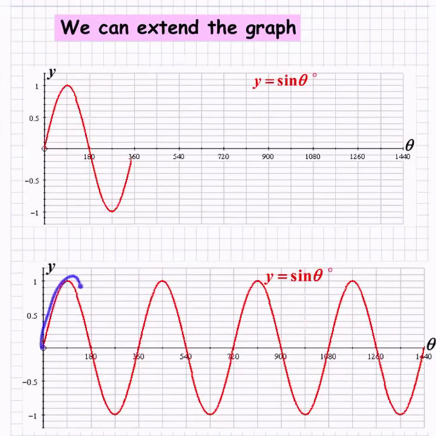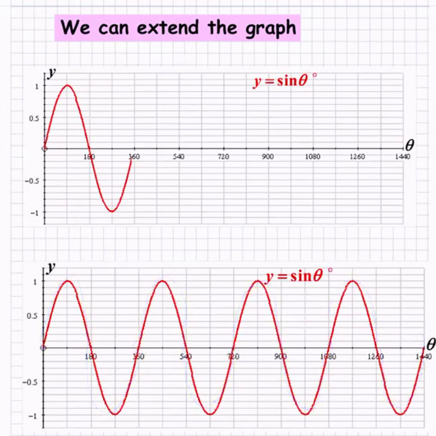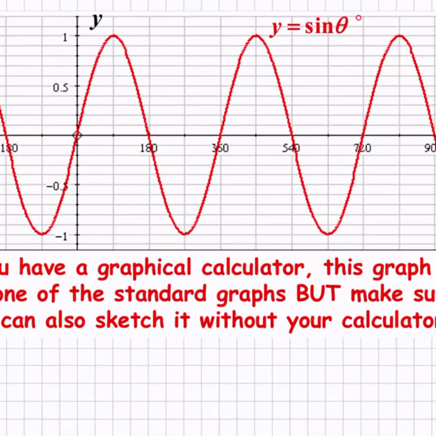So you can have the 1 cycle, 2, 3, 4. I'm going to show you how to do that using the graphics calculator, and before we do that, make sure you can sketch it without a calculator.